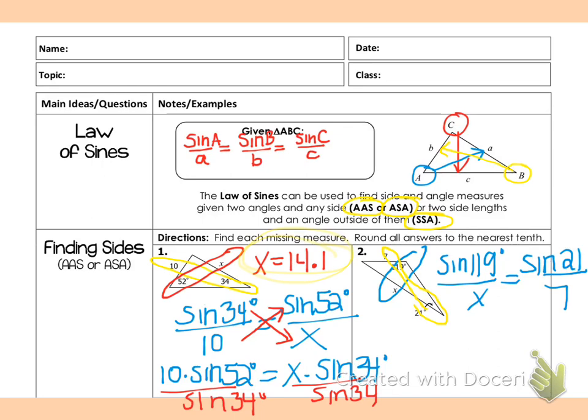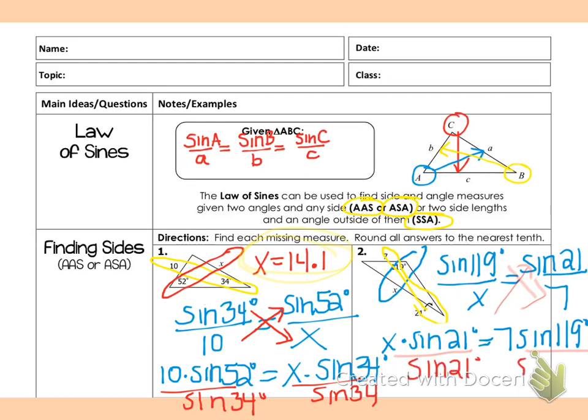So again, solving these is the same. We're just going to do the cross products. That gives me x times the sine of 21 equals 7 times the sine of 119. And then all I have to do to solve is divide both sides by whatever's with x, in this case the sine of 21 degrees, and that'll tell me the length of that missing side.